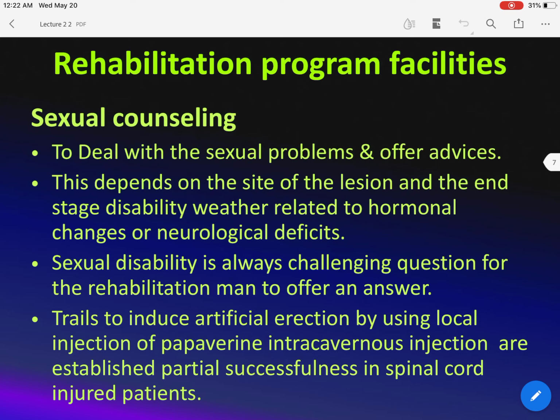Trials to induce artificial erection by using local intracavernous injection of papaverine have established partial success in spinal cord injured patients. Sure, at this time there are many electric devices, many computerized programming devices which help the patients to solve this problem or to enjoy their life.